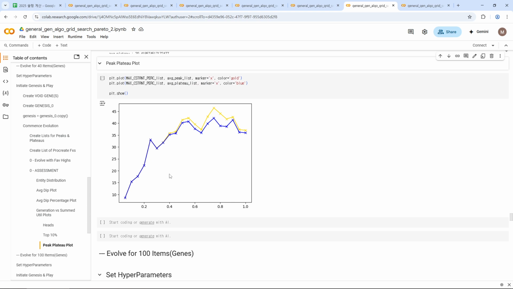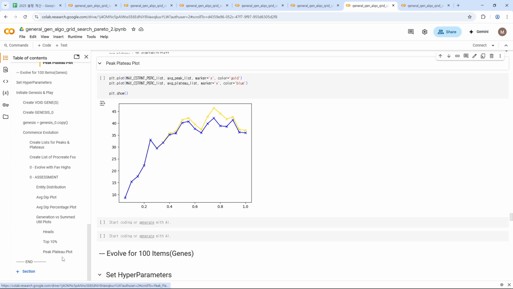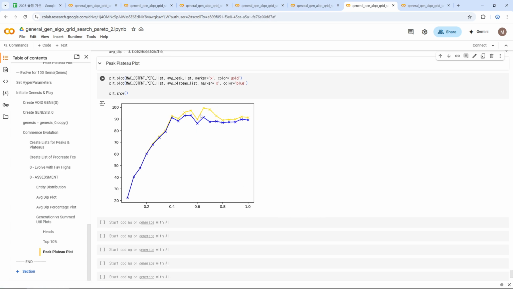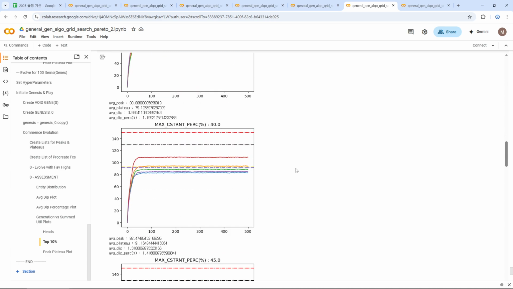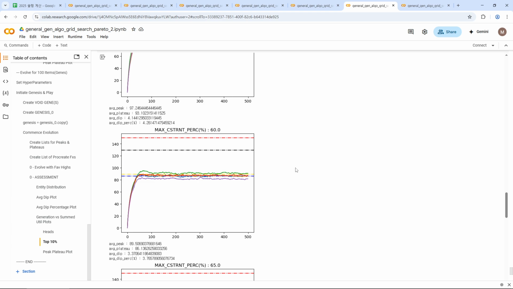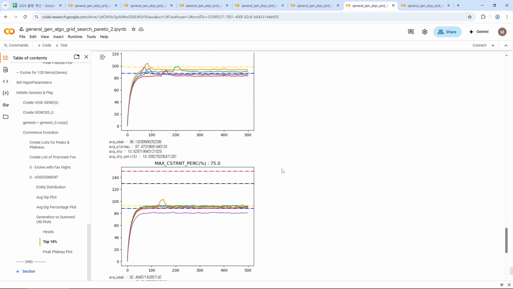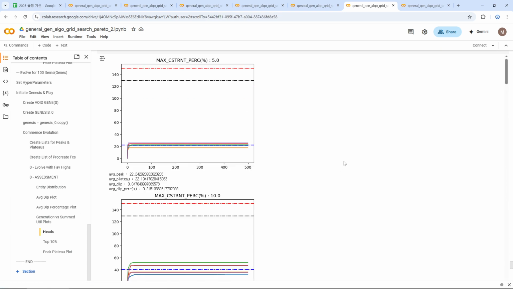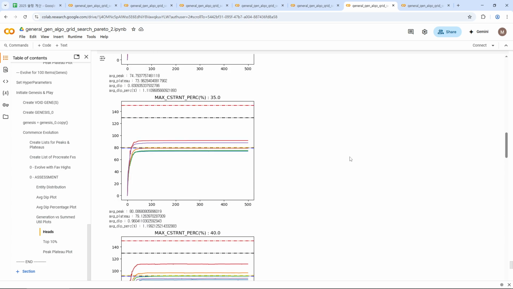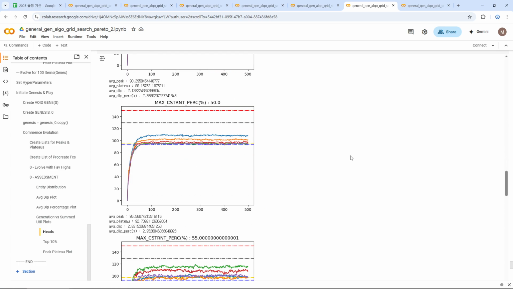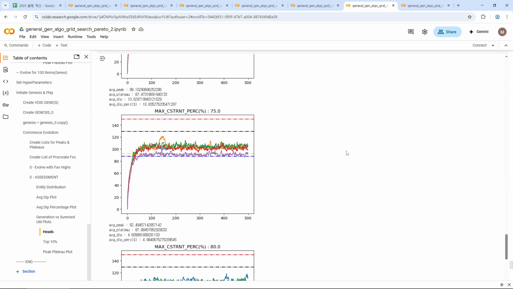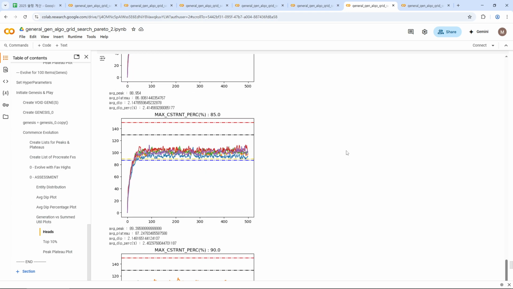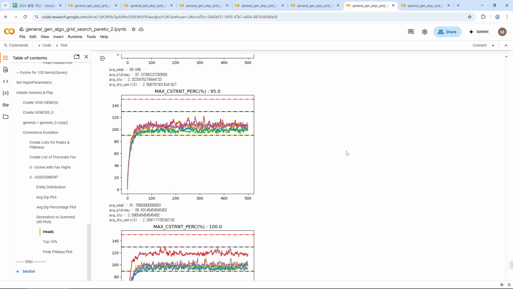Yeah, at around 70 we have the dips. 100 items, we have the dips. Yep. Heads. Maximum ever happens at around 85, 90, 95.